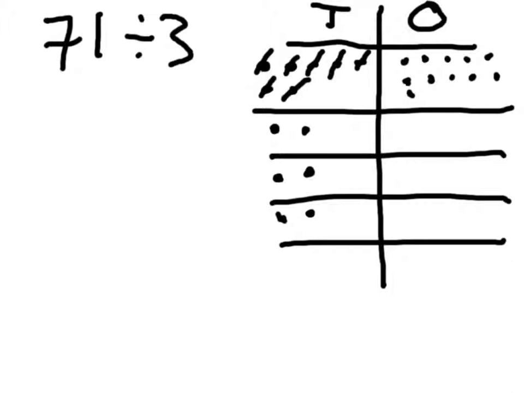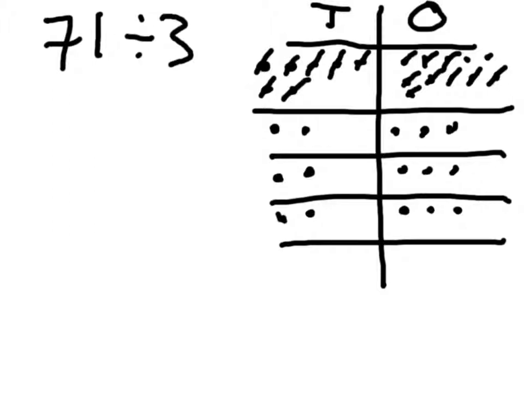Now we have a total of 11 ones in the ones column. We divide them up evenly amongst the 3 rows, crossing out each one as we use it. We see that each row will get 3 ones, but there are 2 ones left over.